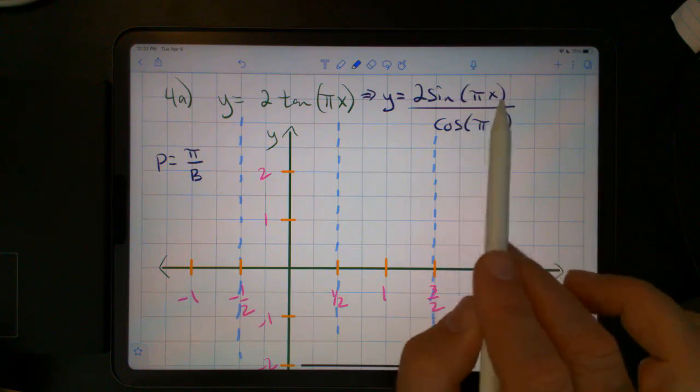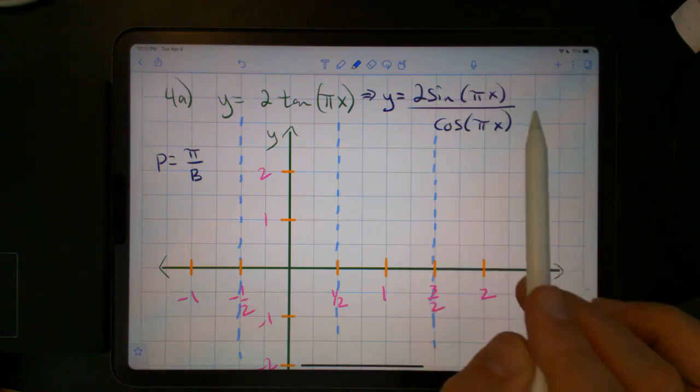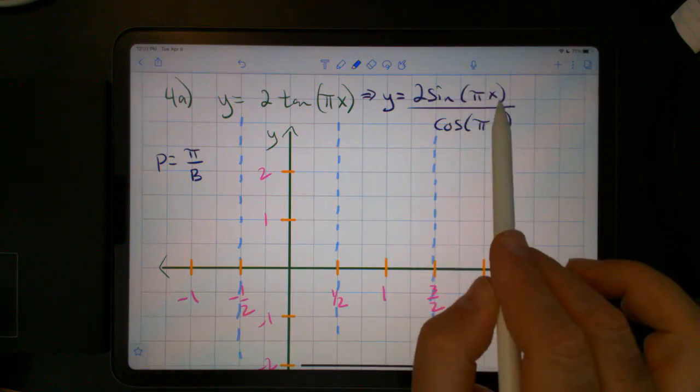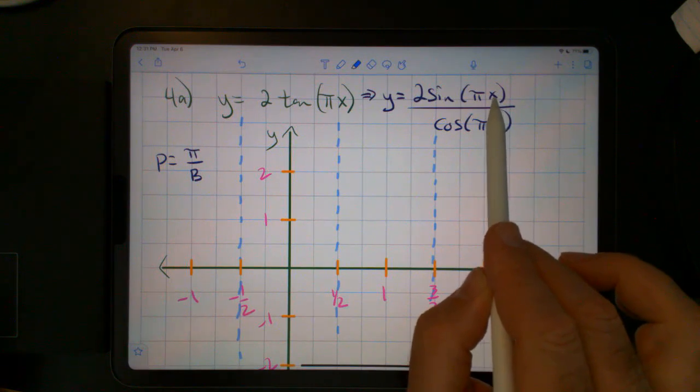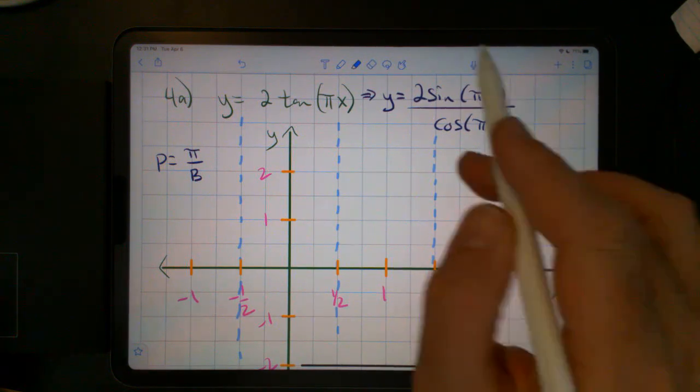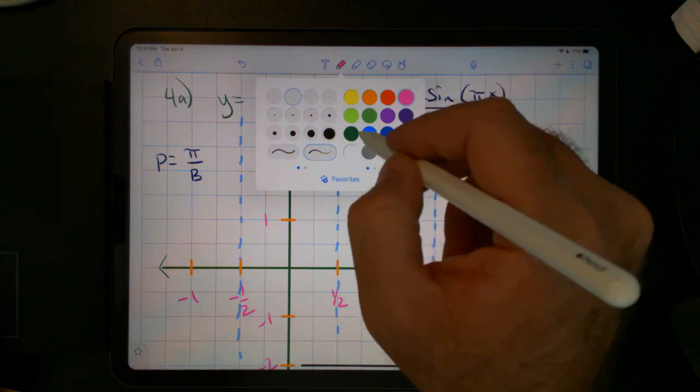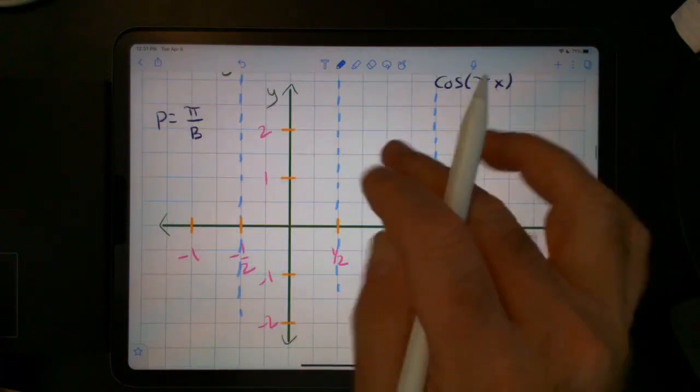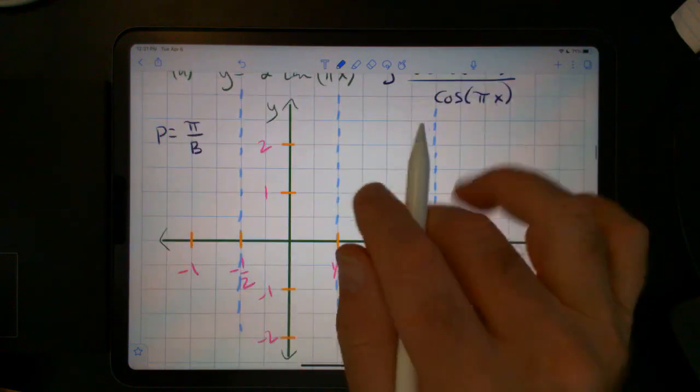Now, when the numerator is 0, this happens when x is 0, when x is 1, when x is 2. So this will go through the origin.